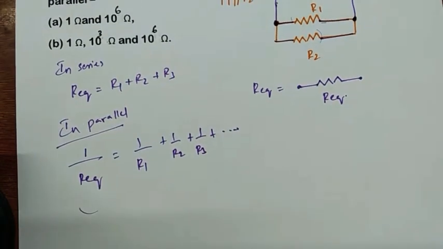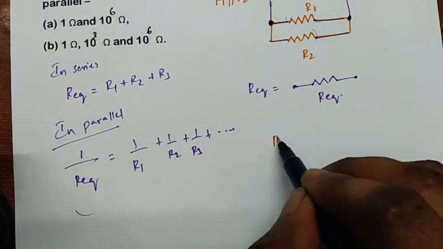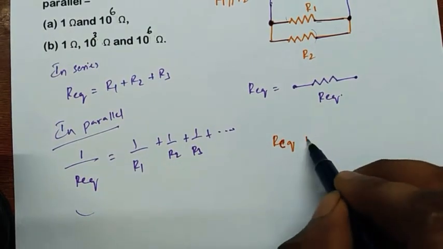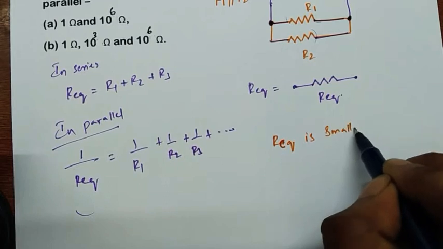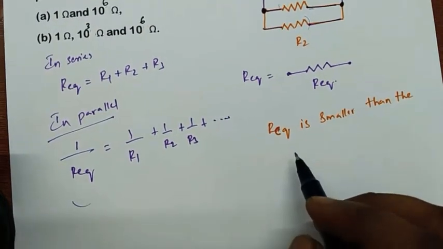Okay, and we should remember one more thing. In the parallel condition, the equivalent resistance is always smaller than the smallest parallel resistance.